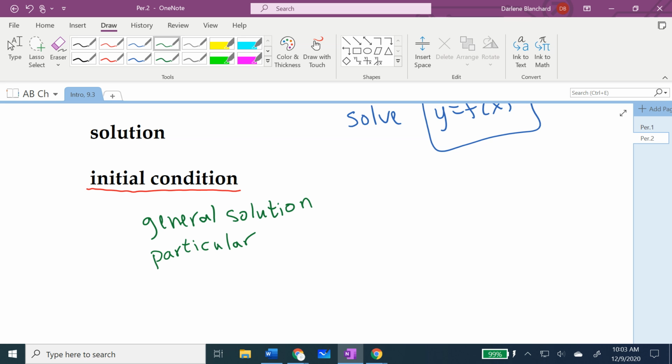Oh, dear. So know that a general solution is more like a family of solutions, where a particular solution is one specific curve. And I want to add in that it's a specific curve while you are in a continuous solution.